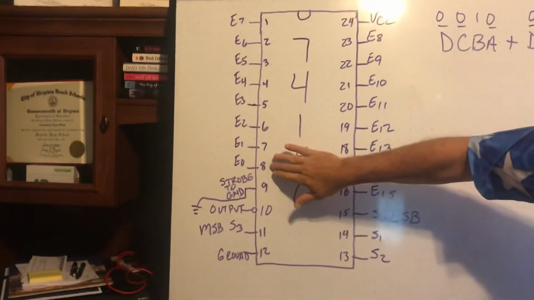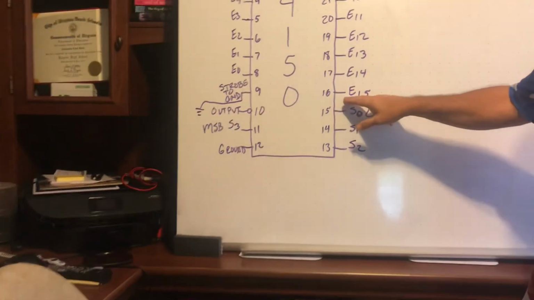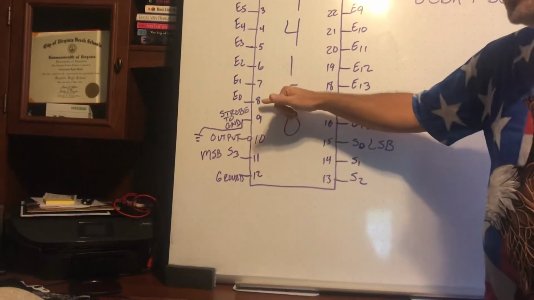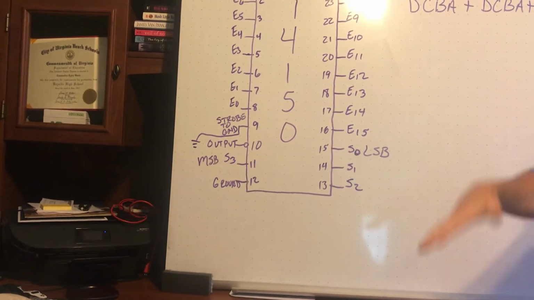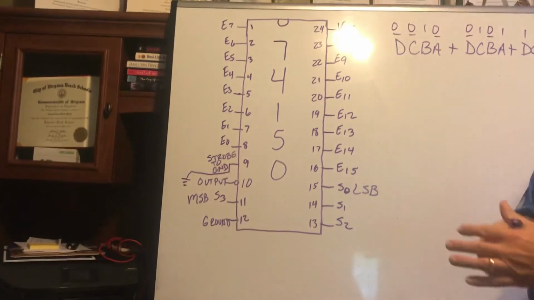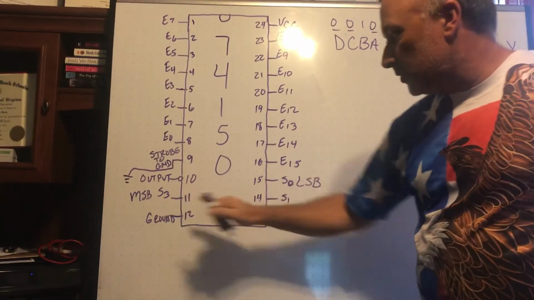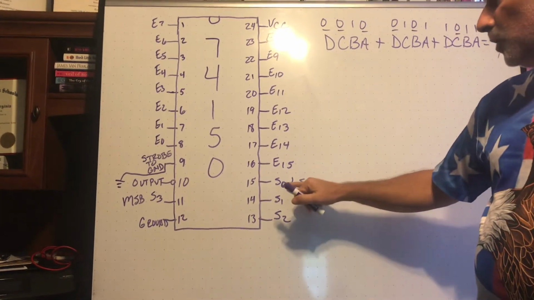Okay. Our E0 through E15, those are going to be the numbers 0 to 15 in binary. What we're going to put these in is we're going to use our selector switches, S3, S2, S1, and S0.